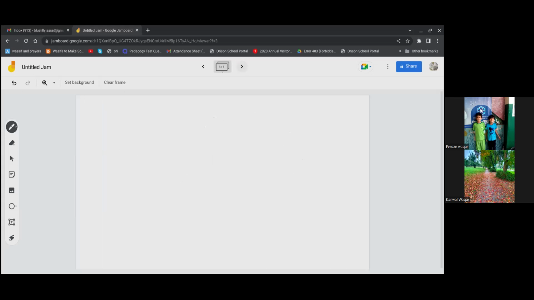Now question number 5. Question 5. The denominator of a fraction is 2 more than the numerator.